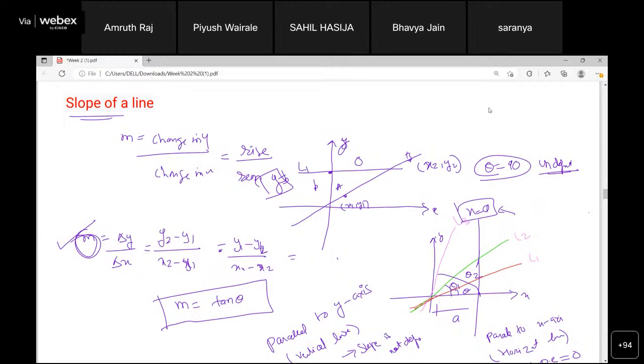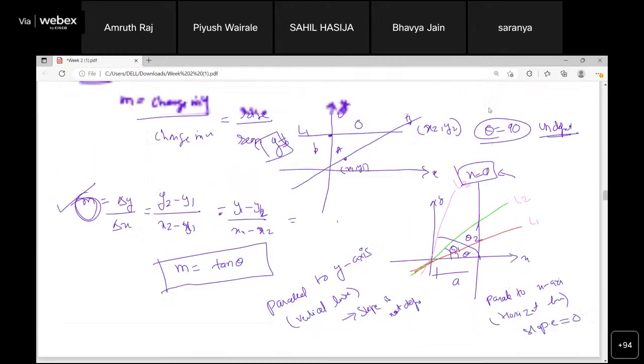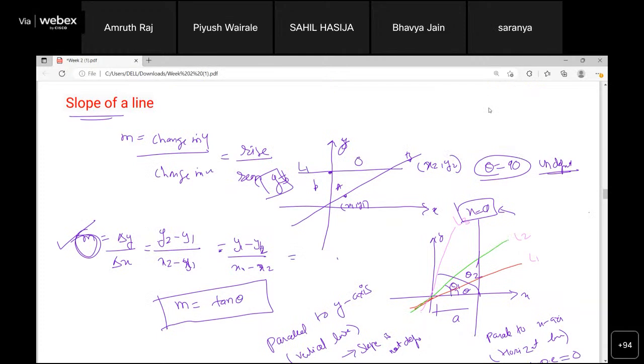A company launches a mobile. In that tutorial, my doubt is that the price decreases from January onwards, but in that tutorial, they are calculating January as an increasing amount.